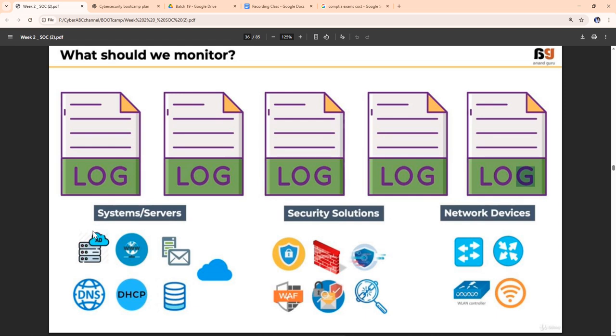You remember when I told you about the devices, all those devices that we saw at the beginning. Those devices are what we will be monitoring. Their Wi-Fi, firewall, network lines, the servers, everything. So those are what we should be monitoring.